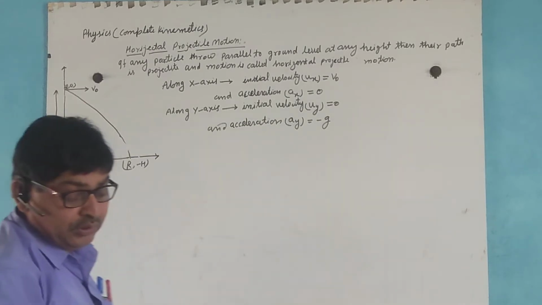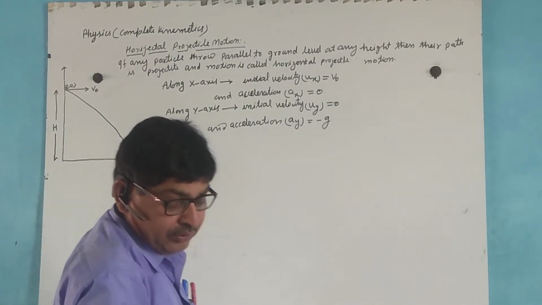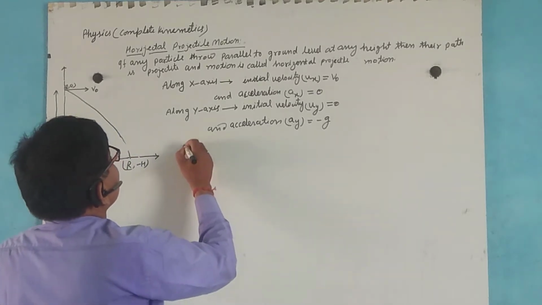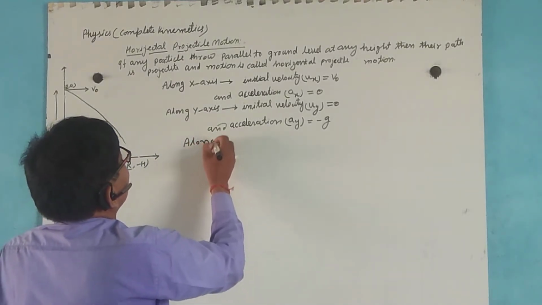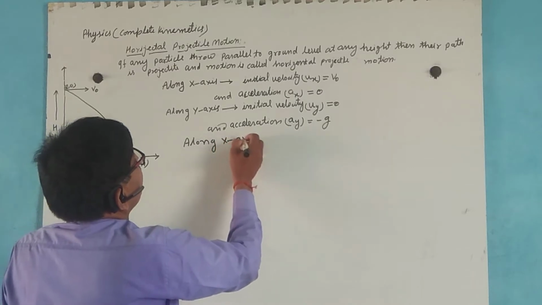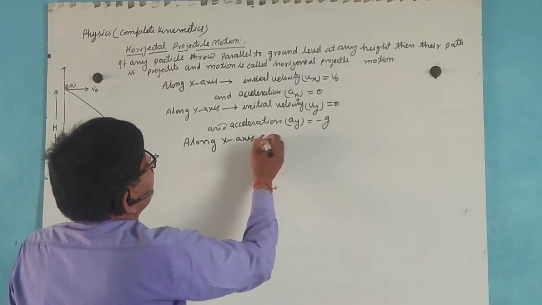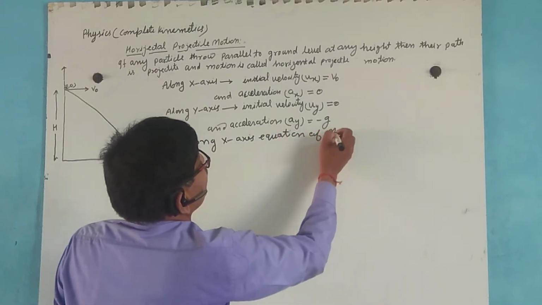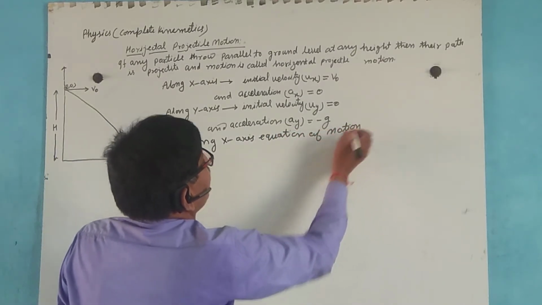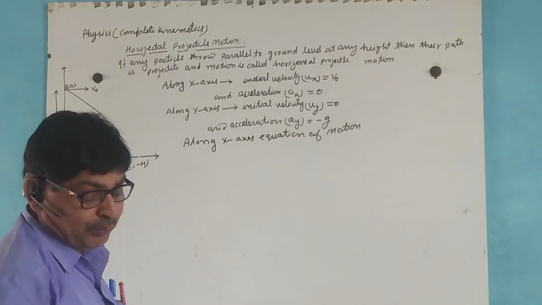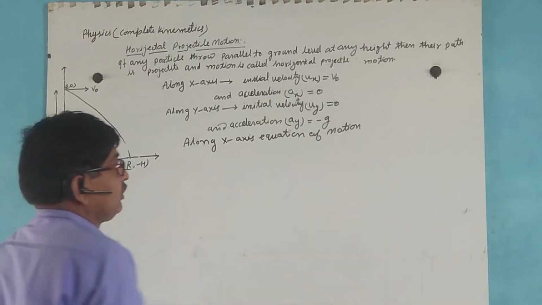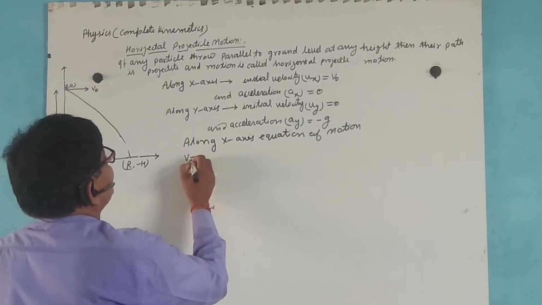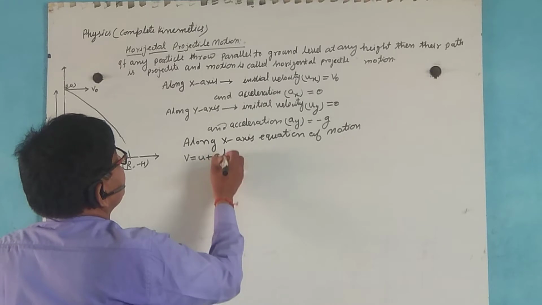Now the equations of motion along the x-axis. First equation of motion, v equal to u plus at.